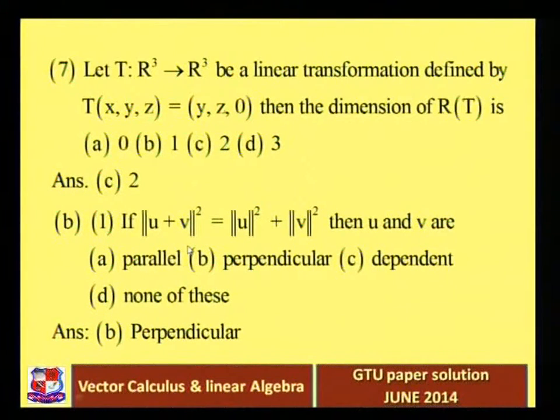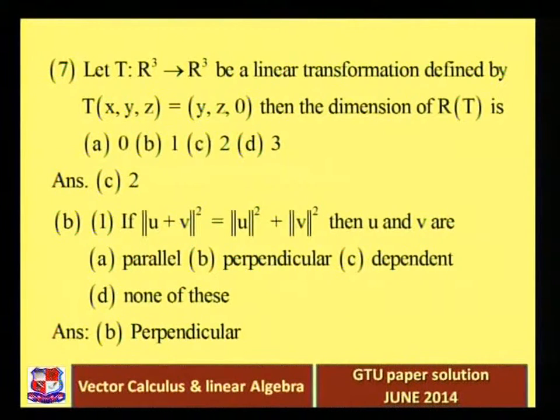Because we know that norm u square is equal to, we can write down, inner product u with u. So similarly you can write down norm u plus v whole square, that is equal to inner product u plus v with u plus v, right? And when we simplify that term, finally you will get norm u square plus 2 inner product uv plus norm v square. That means what? The middle term becomes 0. 2 inner product uv is equal to 0.